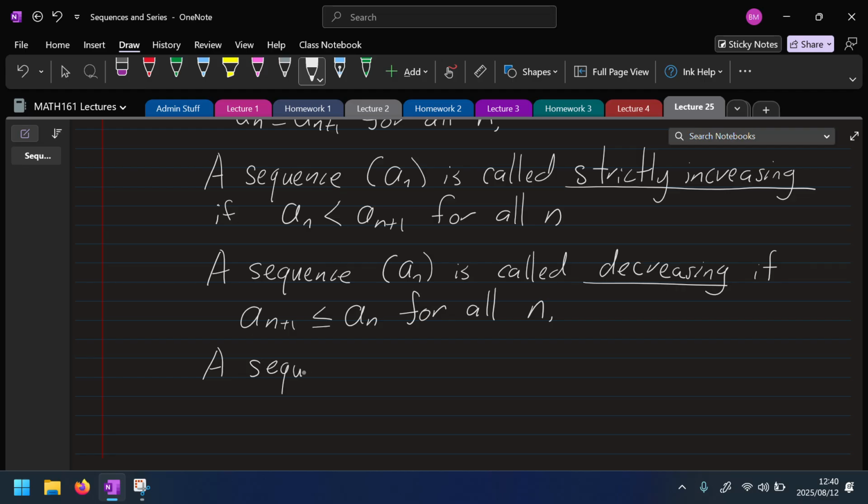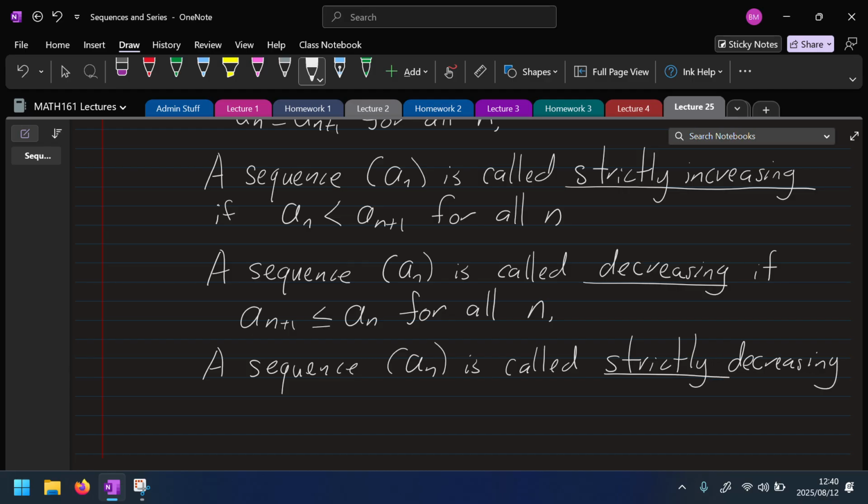A sequence a sub n is called strictly decreasing if the next term is strictly smaller, for all n. So very simple definitions for increasing, strictly increasing, decreasing, strictly decreasing.